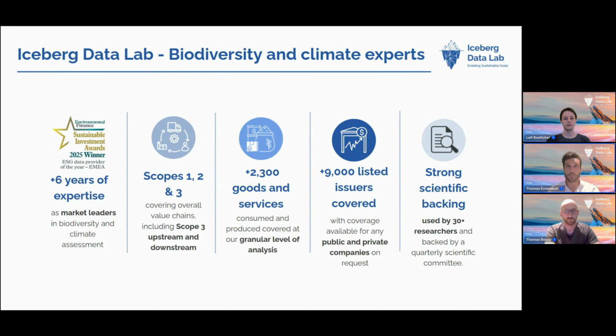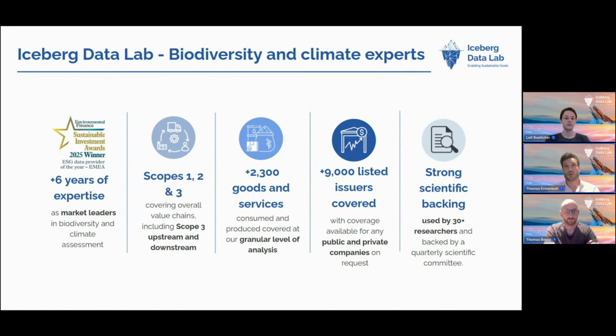We analyze companies' impact across all scopes, scope 1, scope 2, scope 3, upstream and downstream. That's a strong unique selling point of Iceberg Data Lab, the granularity of the data, and especially on the scope 3, where a lot of our competitors struggle to modelize the data. How are we able to do so?